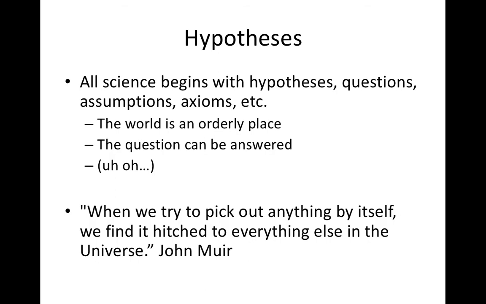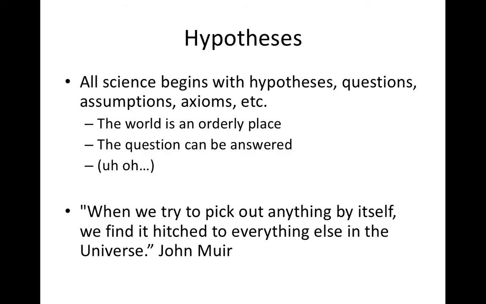So I think all science begins with hypotheses and questions and assumptions and axioms. At its base, we assume that the world is an orderly place to a certain extent, that questions can be answered. And this brings us back to some of the original stuff that we were talking about, falsifiability and so on.